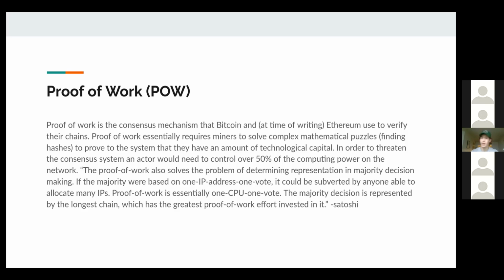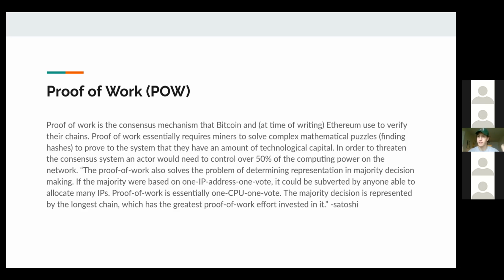So why do we need that? Why do we need to have you be able to show that you have this piece of technology? And it's basically, I mention it here, I say that we determine representation because we can't use one IP address, one vote, or one person, one vote, right? We have no way of determining if one person has one IP address, right?